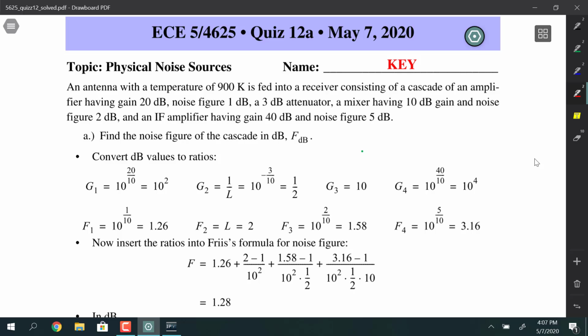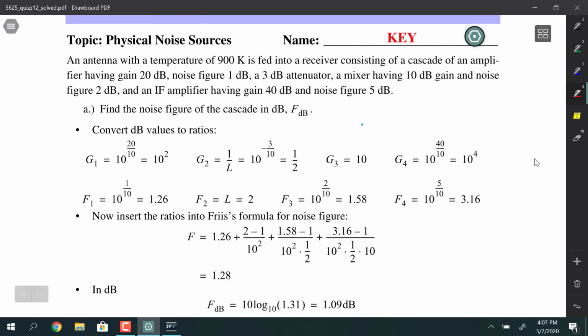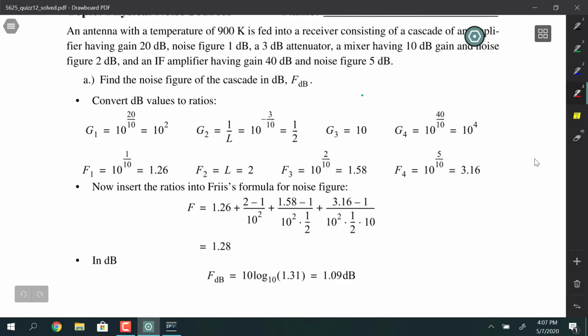So just like I did in the notes, I do convert everything to ratios for the noise figures and for the gains. So when you work an exam problem, make sure you do this. It's a very common error to not convert from dB back to ratios. So do that, and then you can plug in.